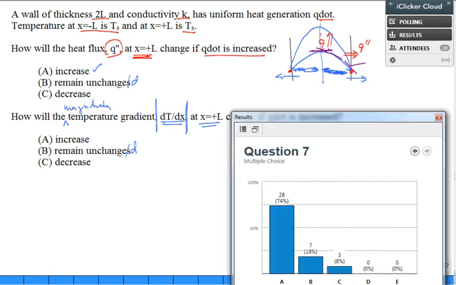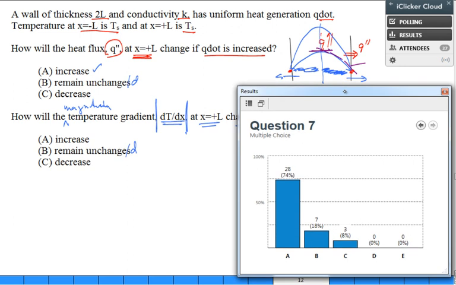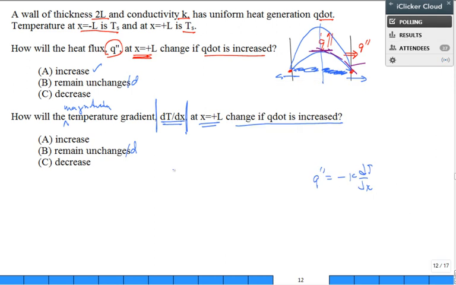The results show that yes, the magnitude of the temperature gradient goes up. It was like this, then like this, then like that, which means a larger negative slope. But I didn't want you to get confused by the negative.